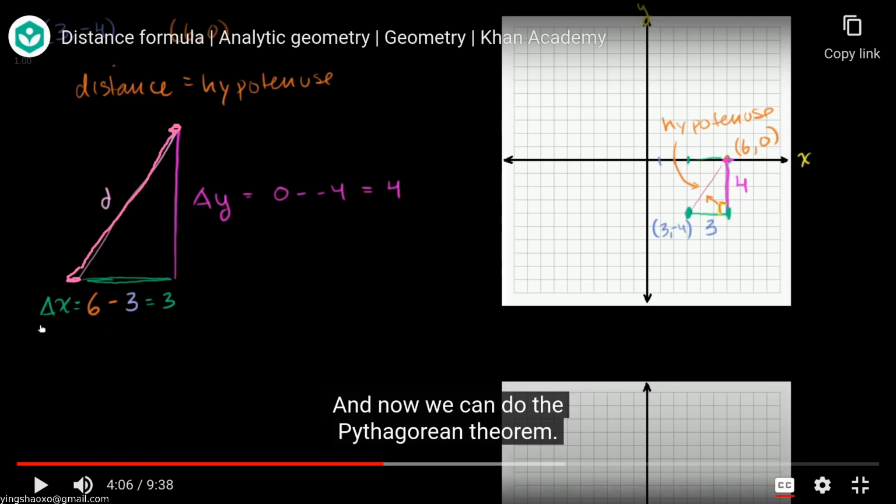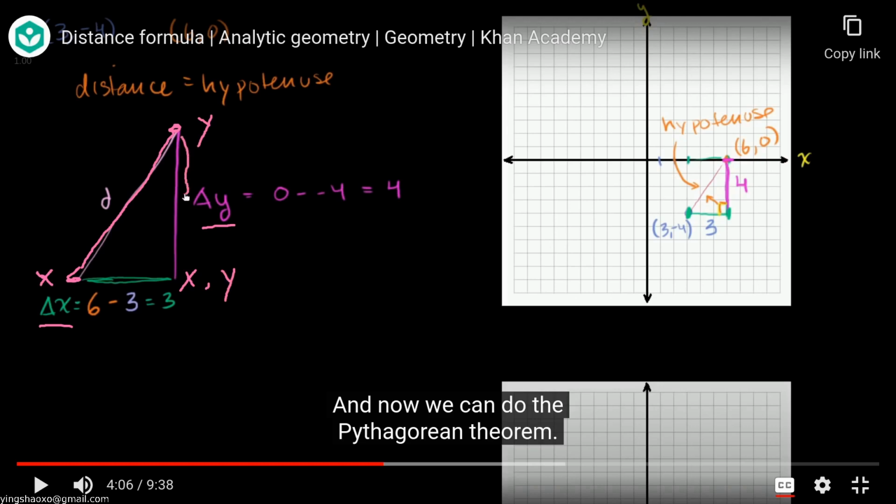Yeah, the delta x or the delta y is the difference between this point's x value minus this point's x value. Of course, we're going to get the absolute value of it. Then this point's y value minus this point's y value.